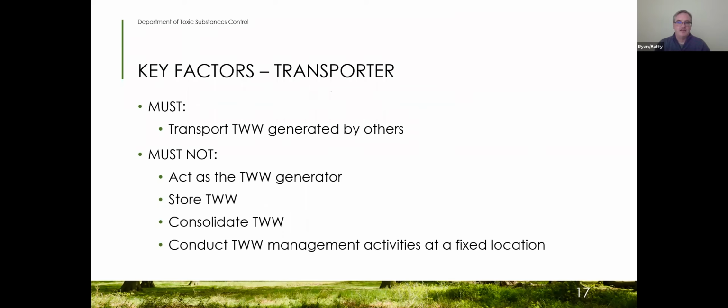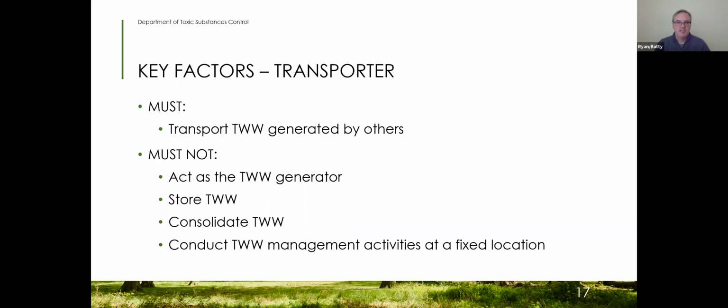So the next category we're going to discuss is the transporter variance. As the name suggests, the intent here is strictly for those conducting transport operations, essentially from the generator location to the authorized facility. The authorized facility could be either a landfill or a transfer station.